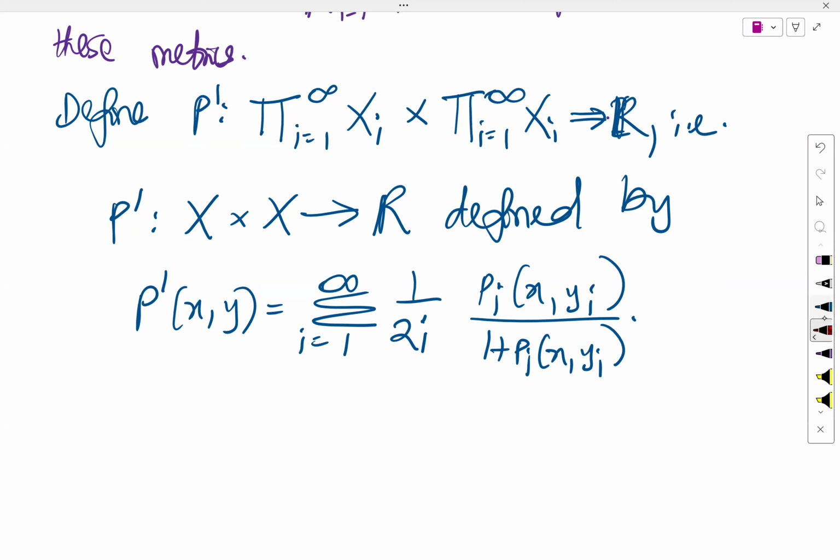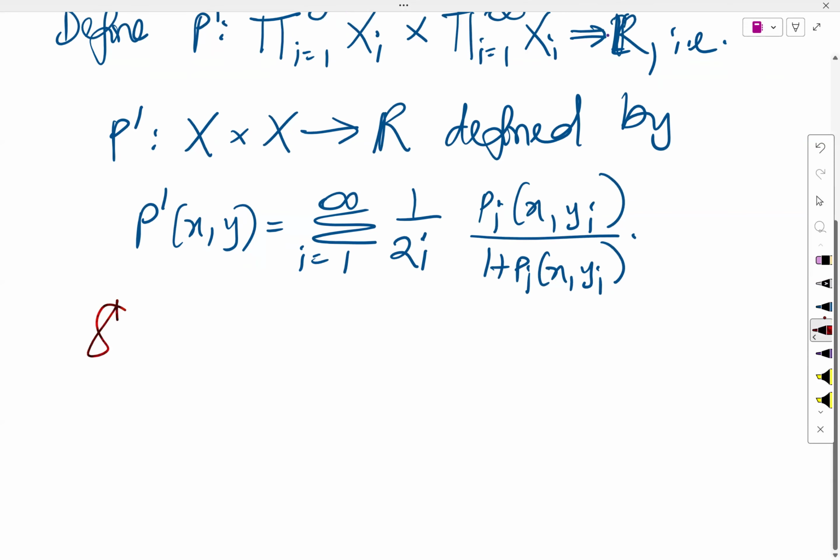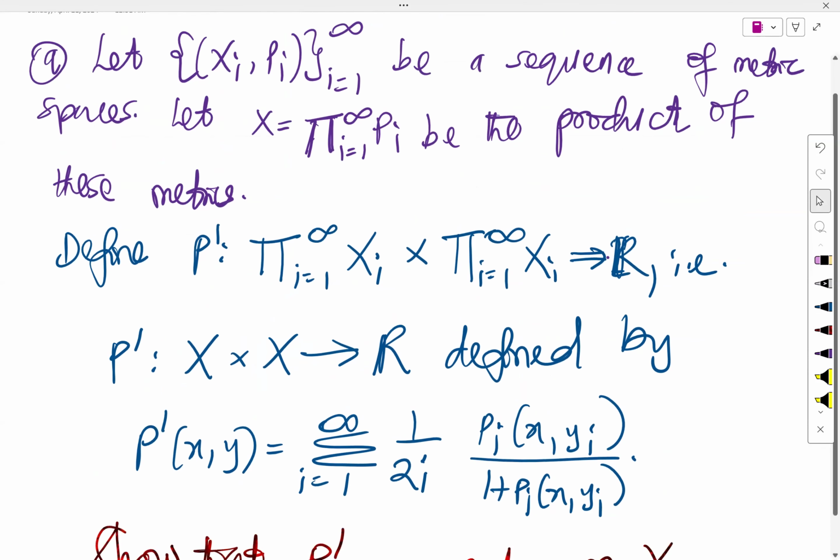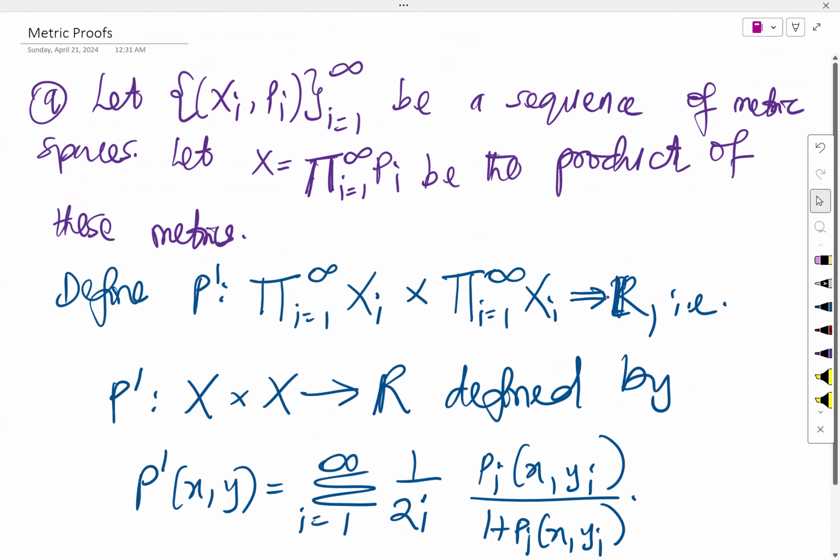So the question is to show that p prime is a metric on X. Let me go over that again to be sure everything is in order.